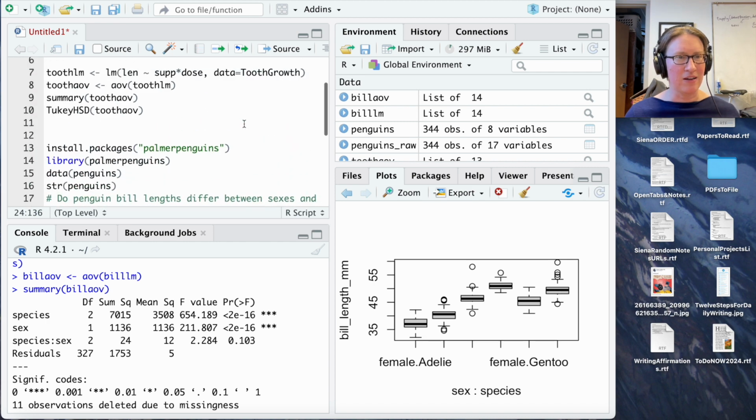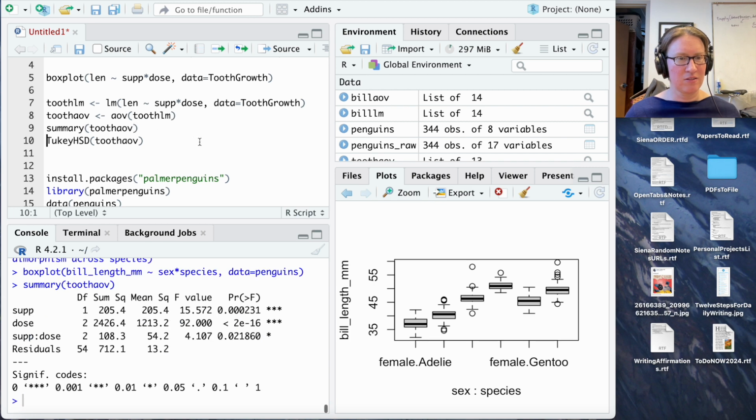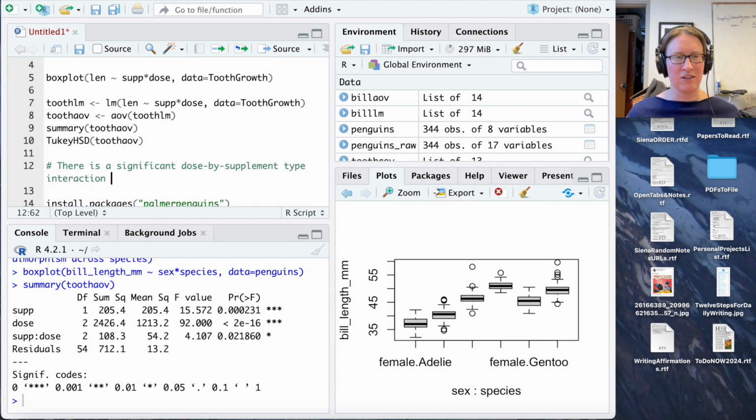Let's go back now with our tooth data, to see where there's a significant interaction. So if I wanted to write about this in a results section, I would note this as there is a significant dose by supplement type interaction affecting guinea pig tooth length.